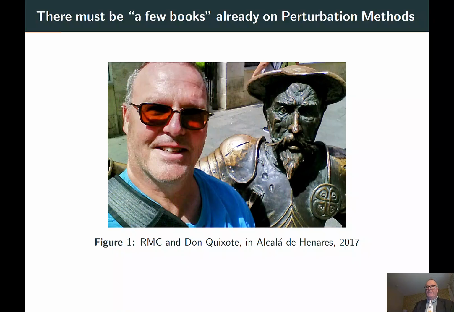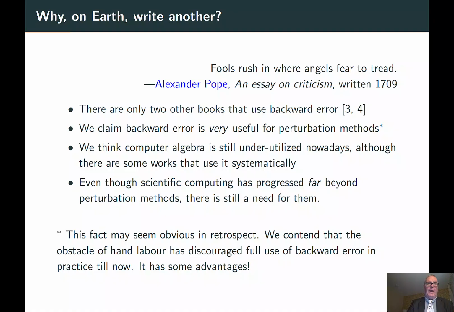Okay, there must be a few books already on perturbation methods. When Nick and I started the project, we looked and we got 30,000 hits for perturbation methods on Google, and there's more now. So it'd be completely silly to write another book on perturbation methods. Why on earth do it? Well, there are only 2 books that we know of that use backward error, and we think it's important to do so.